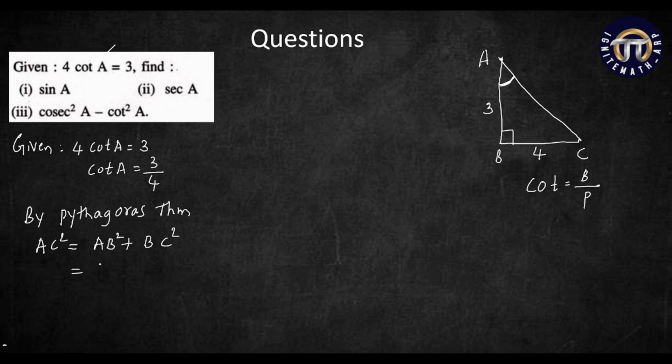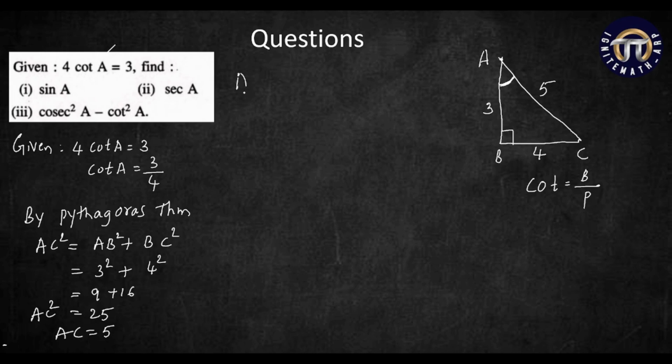So AB square is 3 square, BC square is 4 square, that is 9 plus 16, which is 25. AC square is 25, so AC is equal to 5. Clear, children? I have not yet started solving the sub questions, since I need to find all three sides of the right angle triangle.